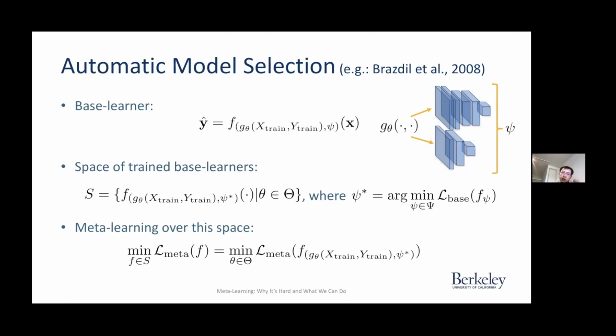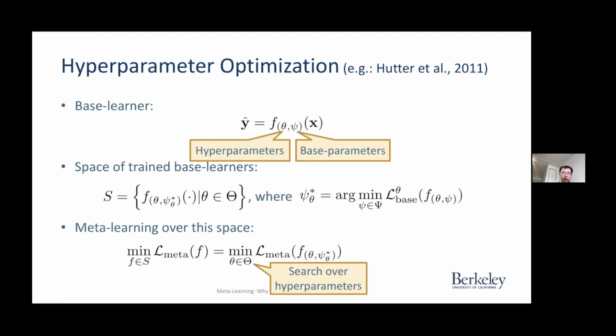Now, there is a key difference between automatic model selection and the previous setting. If you take a look at hyperparameter optimization, you are just finding a particular setting of the hyperparameters that you might want to use.